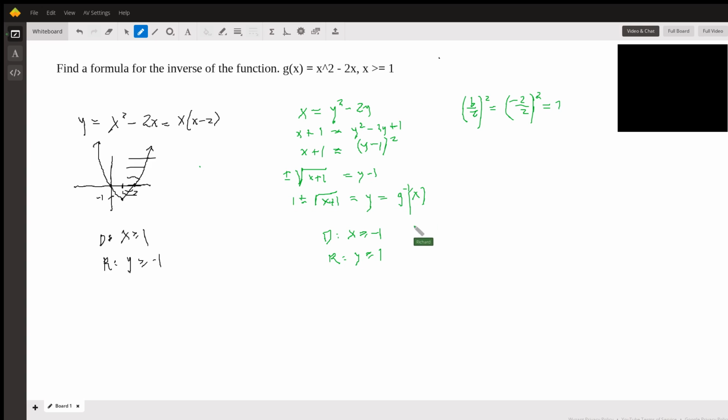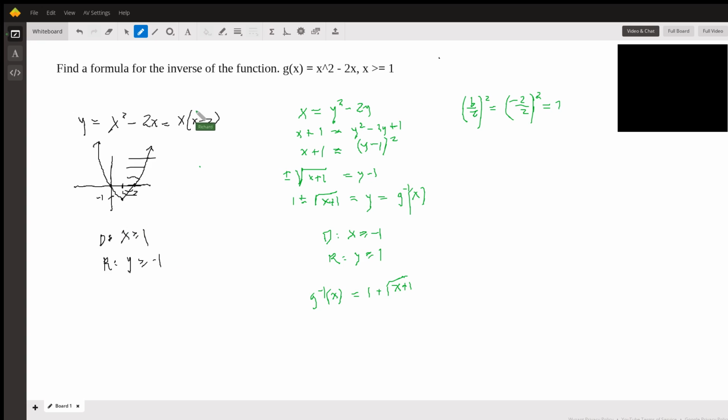So we can just rewrite this as g inverse of x is equal to 1 plus the square root of x plus 1. And that should do it, because x has to be greater than or equal to negative 1, which means this is a positive value.